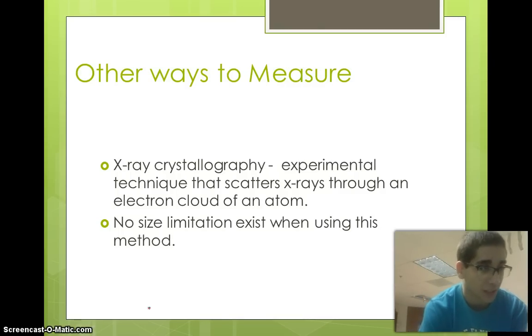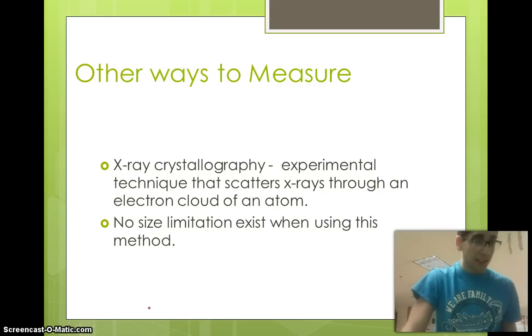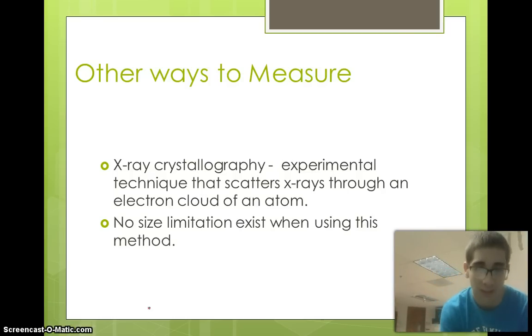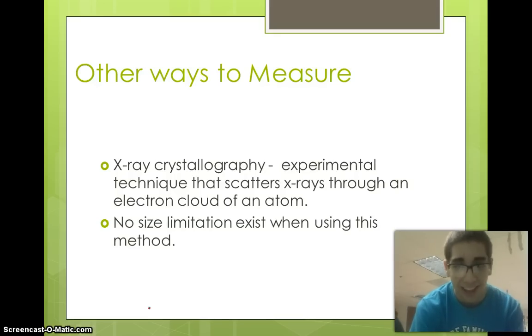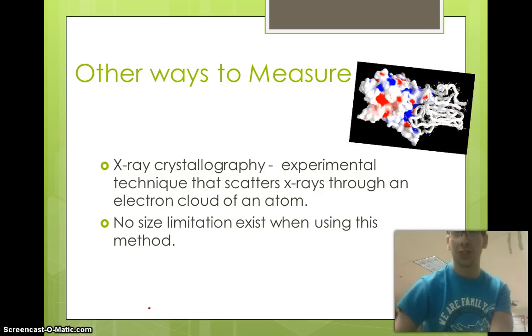Based on the diffraction pattern obtained from scattering these X-rays, we can find out the electron density, and it can be reconstructed. That allows us to find out the ionic radius. Plus, there is no size limitation when using this method. There's a picture for you to enjoy.